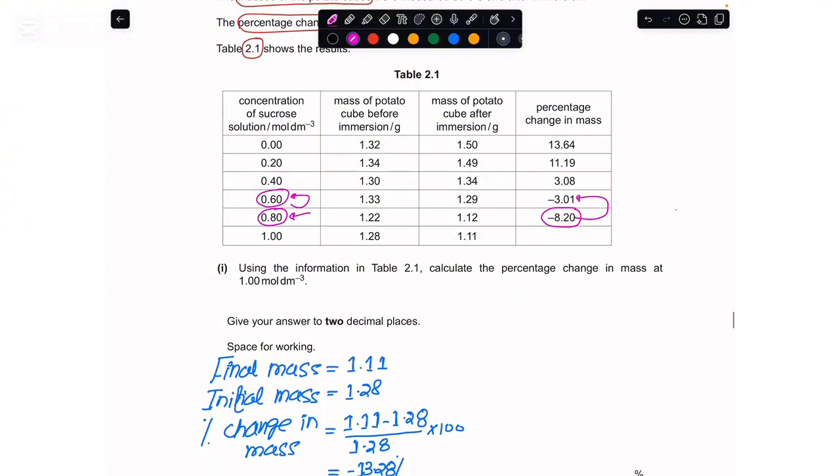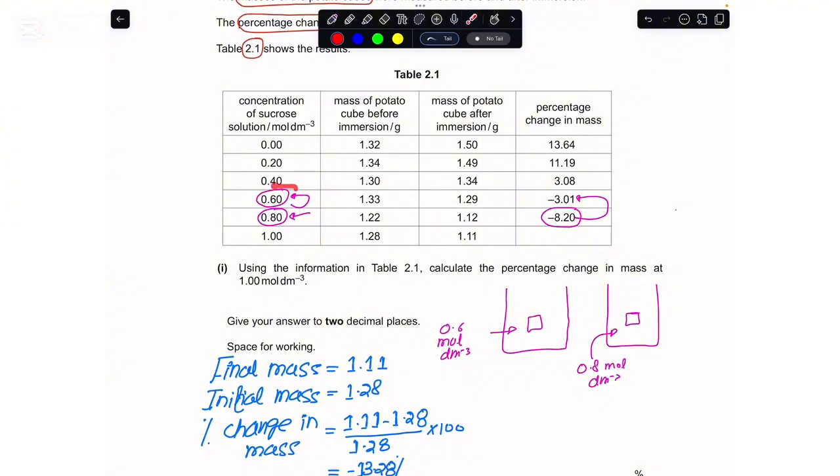Now, what you have to understand here is that if I have a beaker where the surrounding concentration is 0.6 mole per dm cube, and a second beaker where I keep the concentration at 0.8 mole per dm cube, and I immerse the potato cubes into both of these, the idea is simple: at both concentrations we are seeing a loss in the mass of the potato cubes, or a decrease in their percentage change in mass.